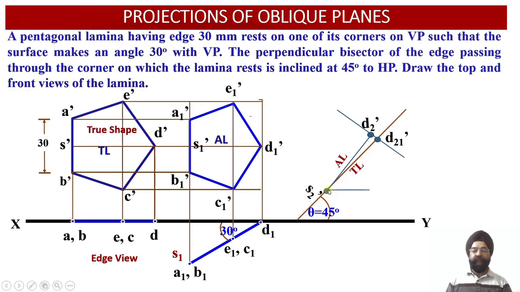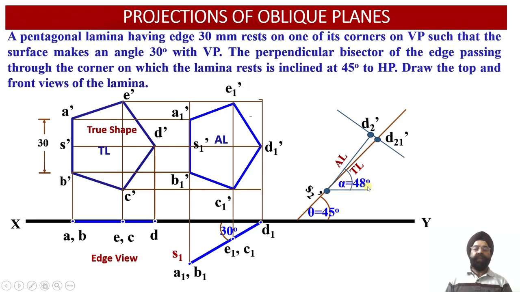Now once we draw the horizontal locus line over here, we will be able to evaluate the measurement of angle alpha. So angle alpha is the angle of inclination of this apparent length, whose points are the one in the vertical plane, that is D1 dash, and the second point, the midpoint of the edge AB over here. So the angle of inclination of this apparent length has been obtained.